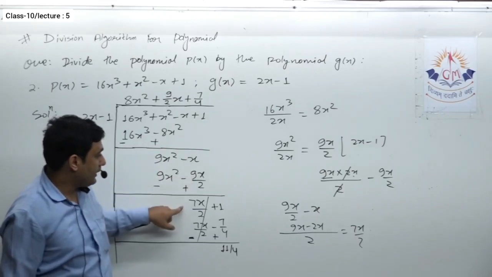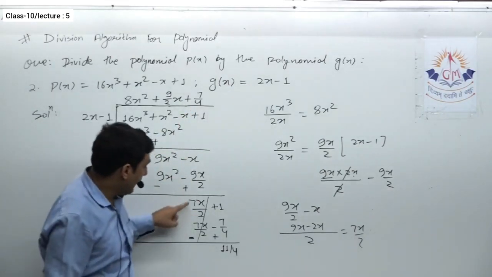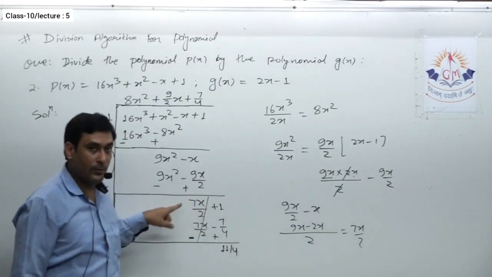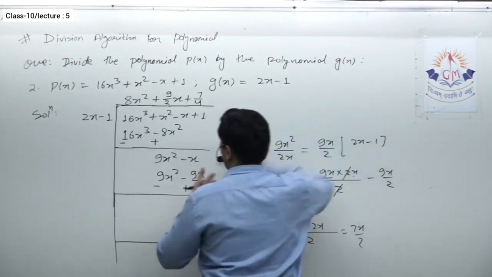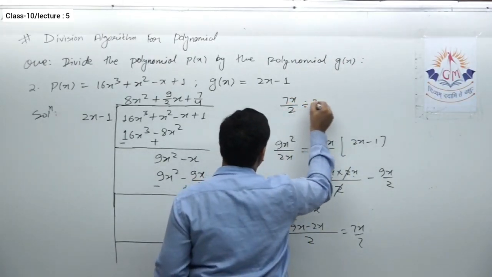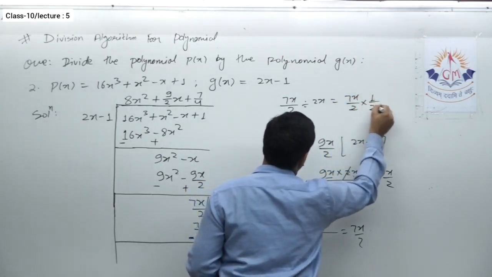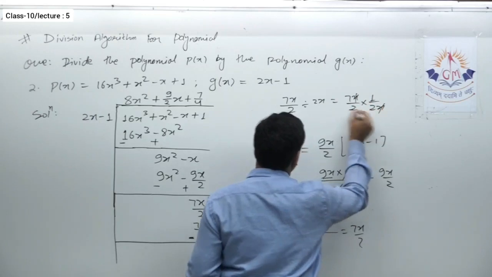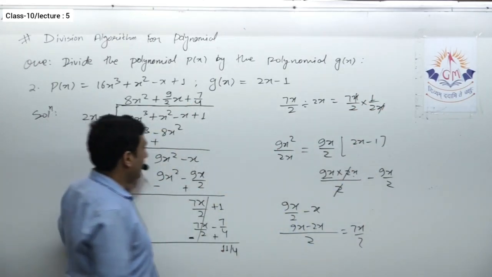Again I have to check what should be the next term of the quotient polynomial. For that, I'll divide the first term of the dividend, that is 7x by 2, by the first term of the divisor. So 7x by 2 divided by 2x is 7x by 2 into 1 upon 2x. Here x and x cancel, giving 7 by 4. Now 7 by 4 multiplied by these two.